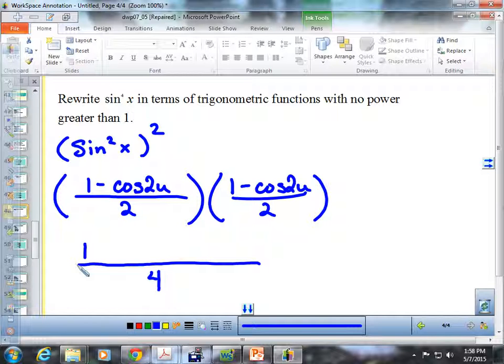Then we get a negative cosine 2u, but how many? 2. Minus 2 cosine 2u's. And then a negative times a negative is a positive cosine squared 2u, right?